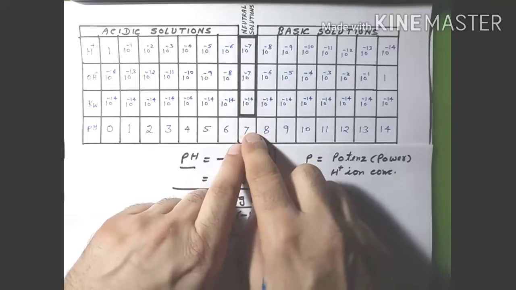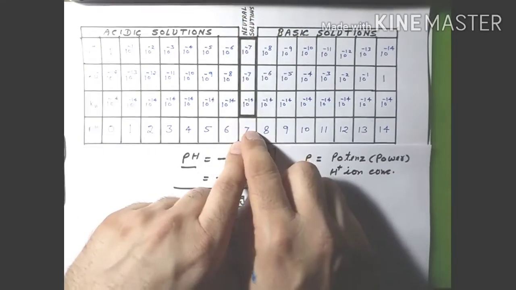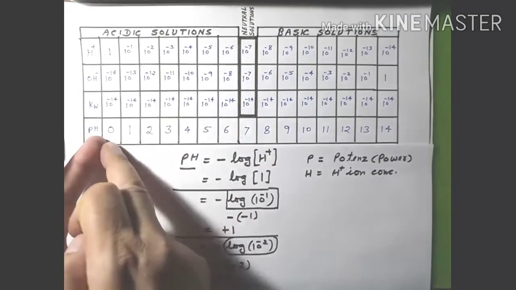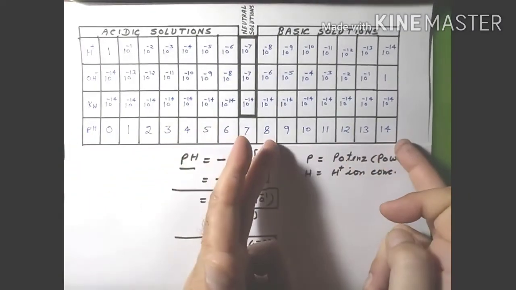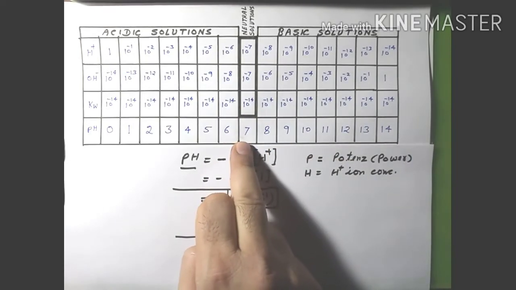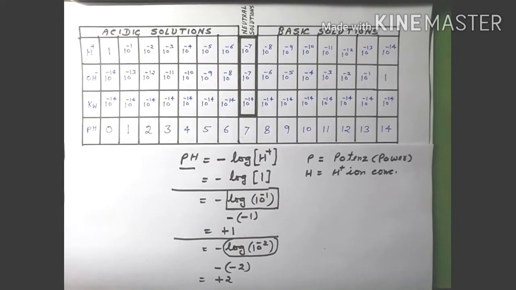And if the pH has the value 7, the solution is said to be neutral. So 0 to 6 is acidic, 8 to 14 is basic, and 7 is a neutral solution. Now if we get to know the pH of any solution, we can tell very clearly whether the solution is acidic, basic or neutral.